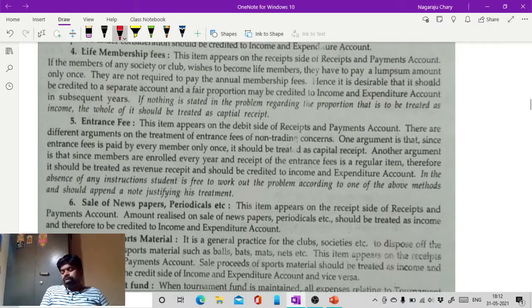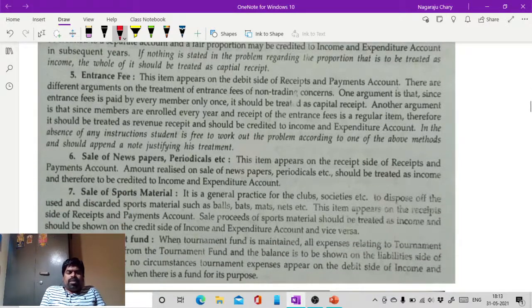Life membership. So throughout the life, membership will be collected from the members. Whatever it is, it is recorded as receipt. If membership is considered for a term, maybe 1 year, then it is repetitive in nature. If life membership is considered for throughout the life, this is considered a capital item. So based on that, it is to be treated.